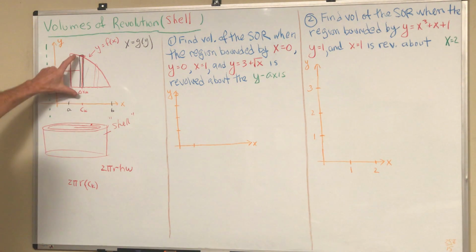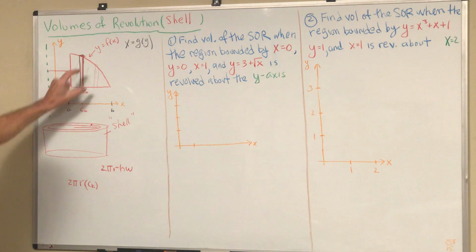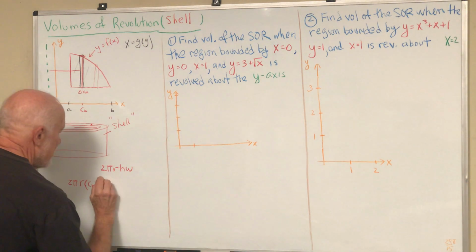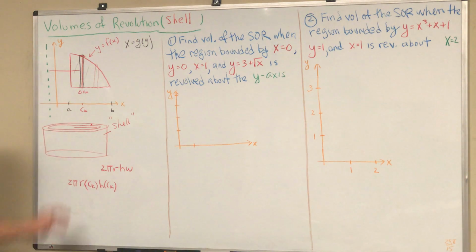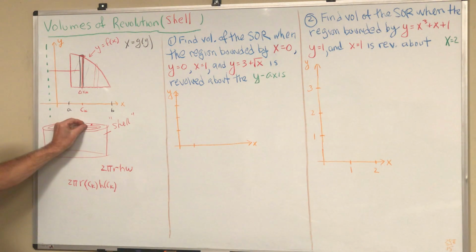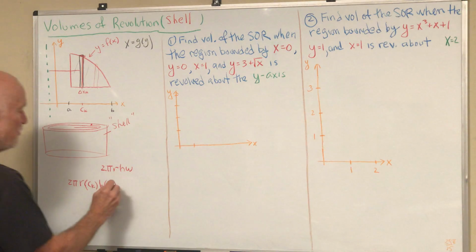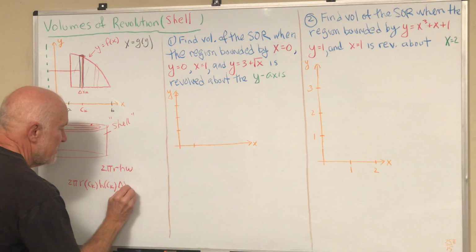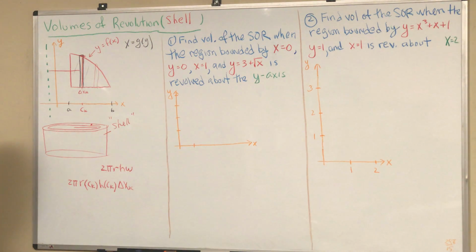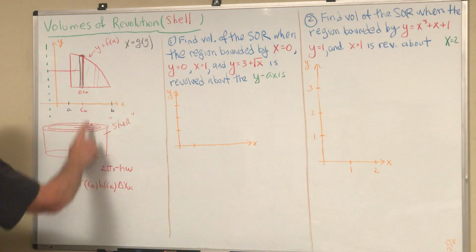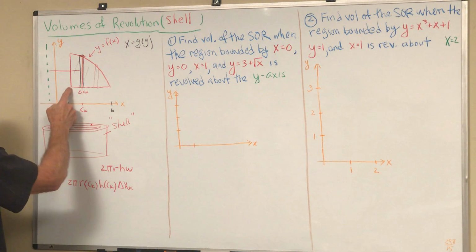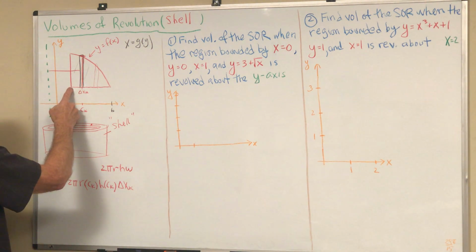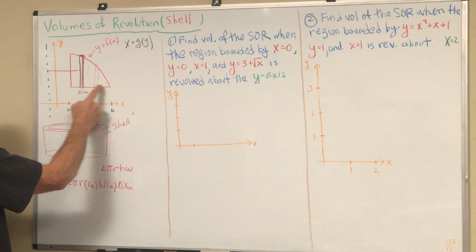And then how about the height? The height is also a function of c sub k. And what's the width? The width is just this delta x sub k that we've had in a lot of our other forms that we've done. So this is going to be the volume of this one shell. Well, then we're going to have to add up all the shells from k equals 1 to n.